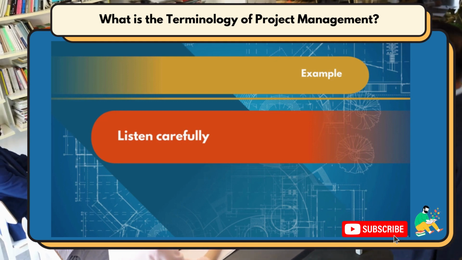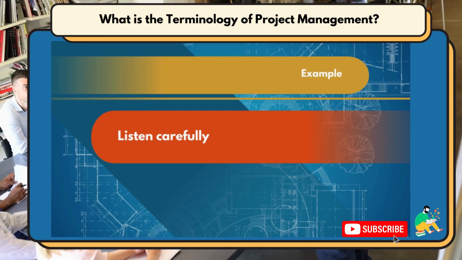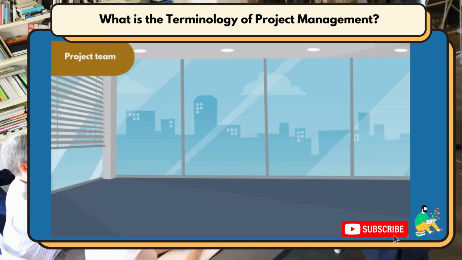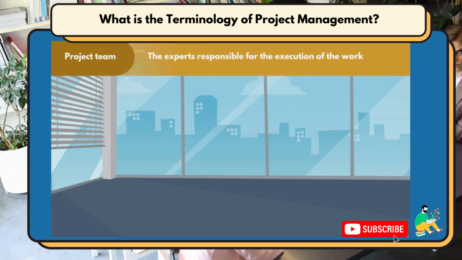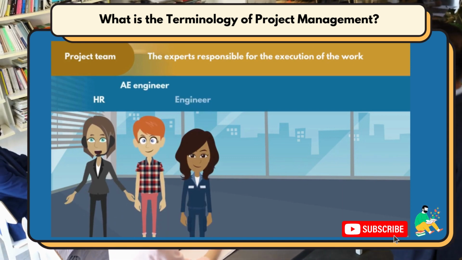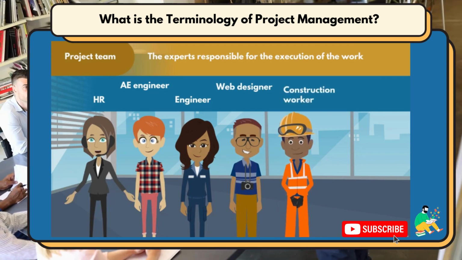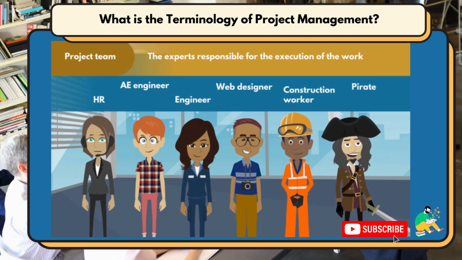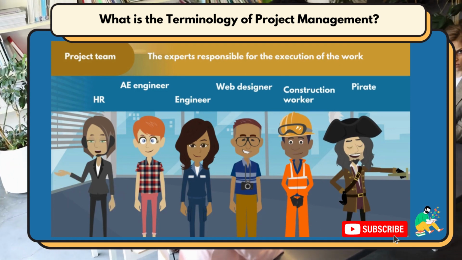Now these other terms we've mentioned, but to recap and expand. Every project has a project team. The project team are the experts responsible for the execution of the work. For example, developers on a software project, or designated managers, coordinators in case of bigger projects, for example, construction workers and the responsible supervisor.